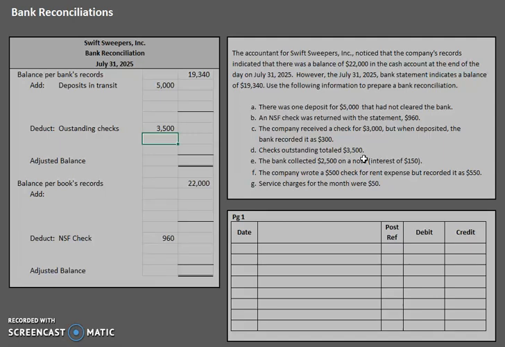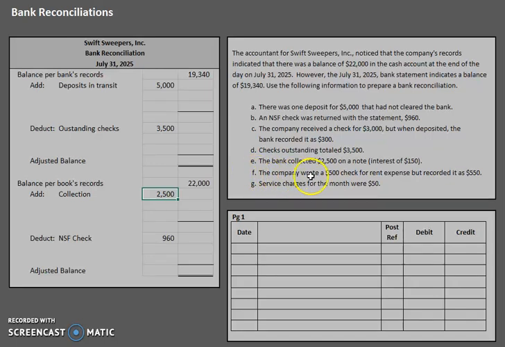Well, the bank collected it, so the bank statement is updated. So up here, everything on the bank side has been updated. However, we didn't know about it until we actually received that bank statement. So we have to record that collection of $2,500. So now our records are updated for that collection that we previously did not know about.